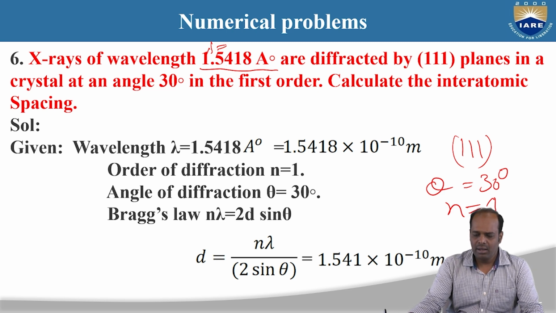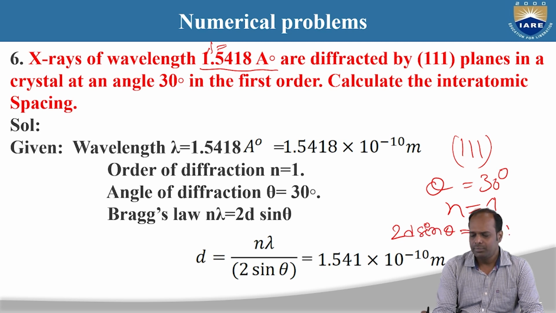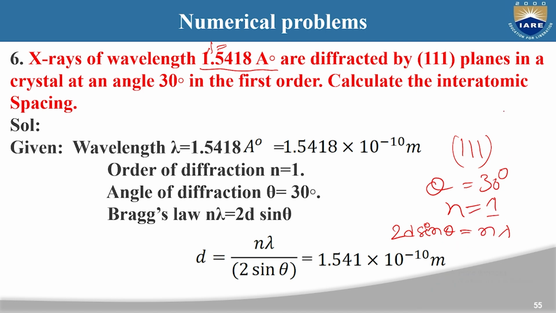Calculate the interatomic spacing. What is the formula for X-ray diffraction wavelength? Bragg's law: 2d sin theta equal to n lambda. What are they asking to find out? d, the interatomic spacing or lattice spacing. So d is equal to n lambda by 2 sin theta.